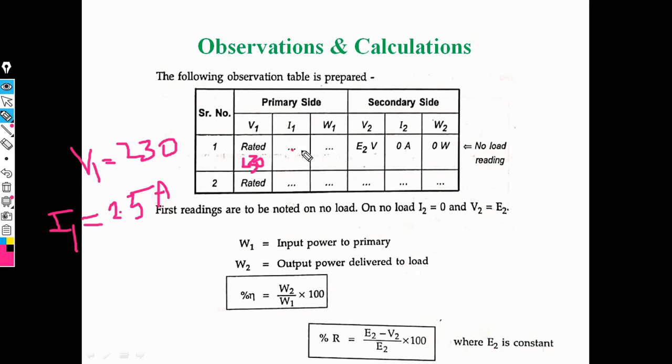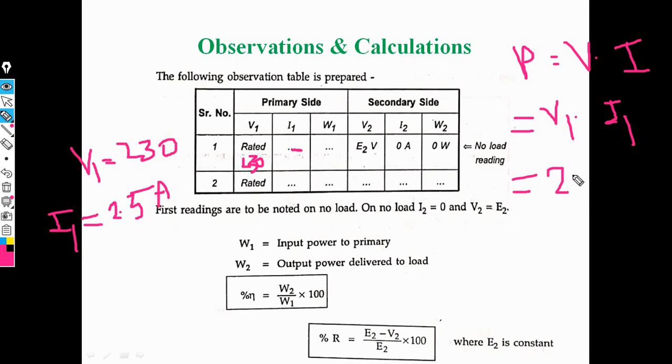Then power is the product of voltage and current, that is V1 into I1, which is 230 volt into 2.5. This power is measured by the wattmeter W. This is for the primary side.